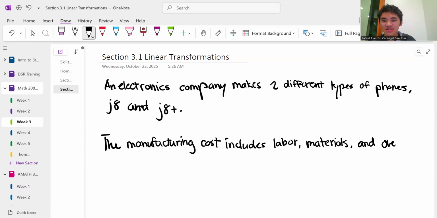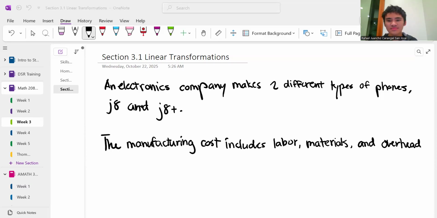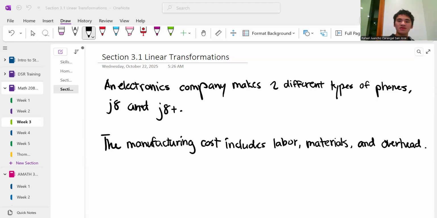These are the facilities that were used while making the phones. Now, the company's costs in dollars per unit for each type. Here's a brief summary of the manufacturing costs.